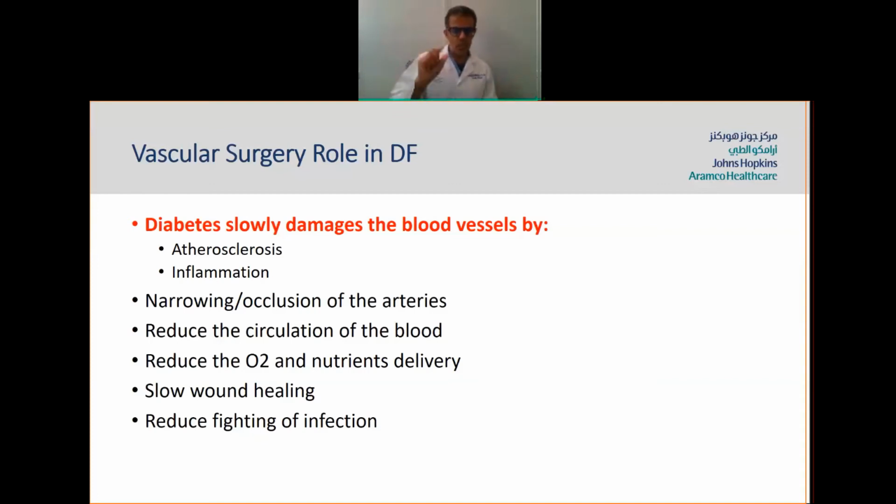That will lead to what? It will lead to narrowing of the blood vessels, or sometimes complete interruption and occlusion, which will reduce the amount of blood circulating to the ends of our limbs, like to the feet and the toes. And that consequently will reduce the delivery of oxygen and nutrients.